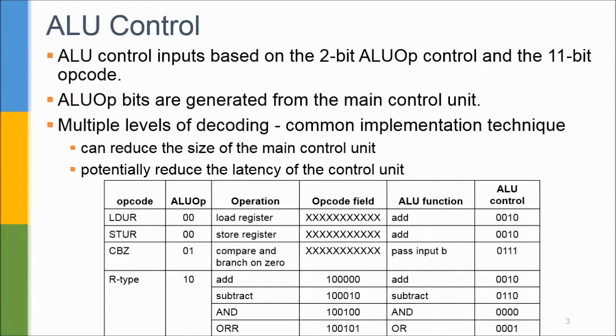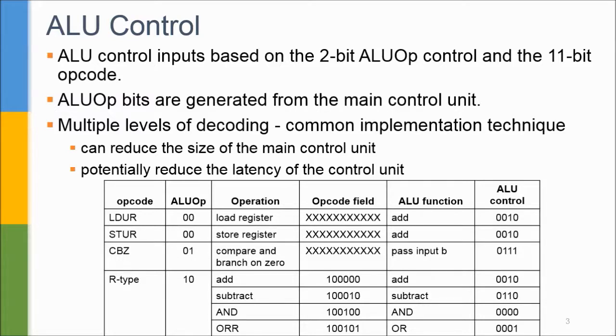This style of using multiple levels of decoding, that is, the main control unit generates the ALU OP bits which are then used as input to the ALU control that generates the actual signals to control the ALU unit, is a common implementation technique.